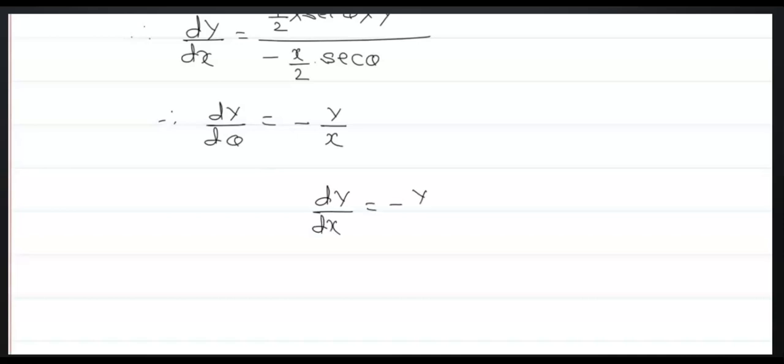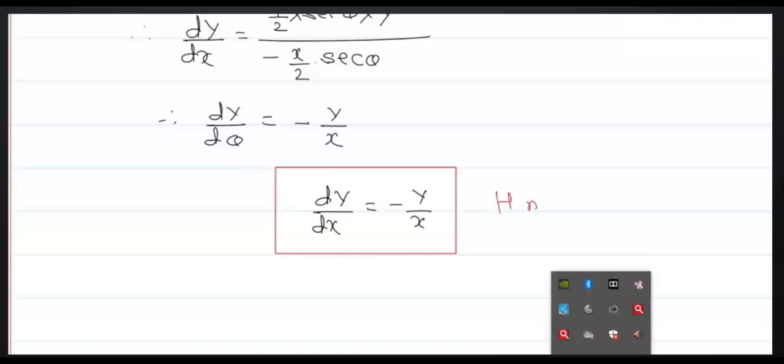Dy by dx, by mistake here is a theta, but dy by dx is equal to minus y upon x. Here is an x.